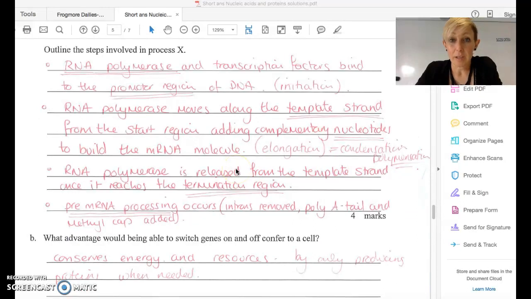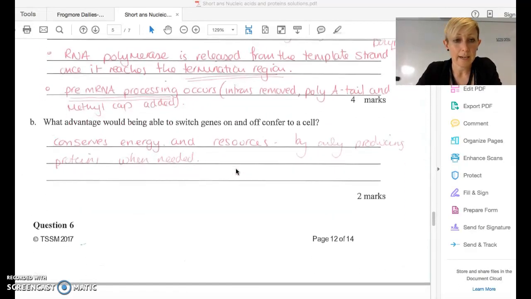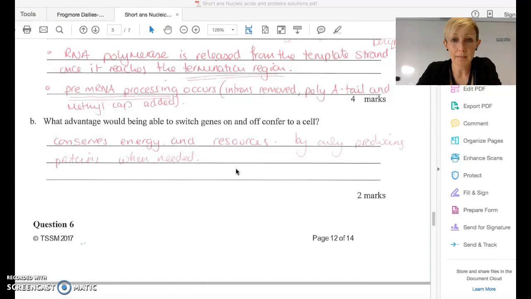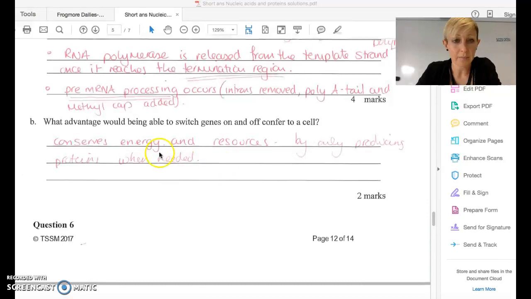This occurs until the termination region is reached, and then RNA polymerase will detach. The messenger RNA is modified with introns removed, sometimes exons also removed, which is the alternative splicing, and the methyl cap being added to the 5' end and the poly A tail added to the 3' end. That's what I was looking for. If you are missing details, please add them and write yourself the perfect answer.